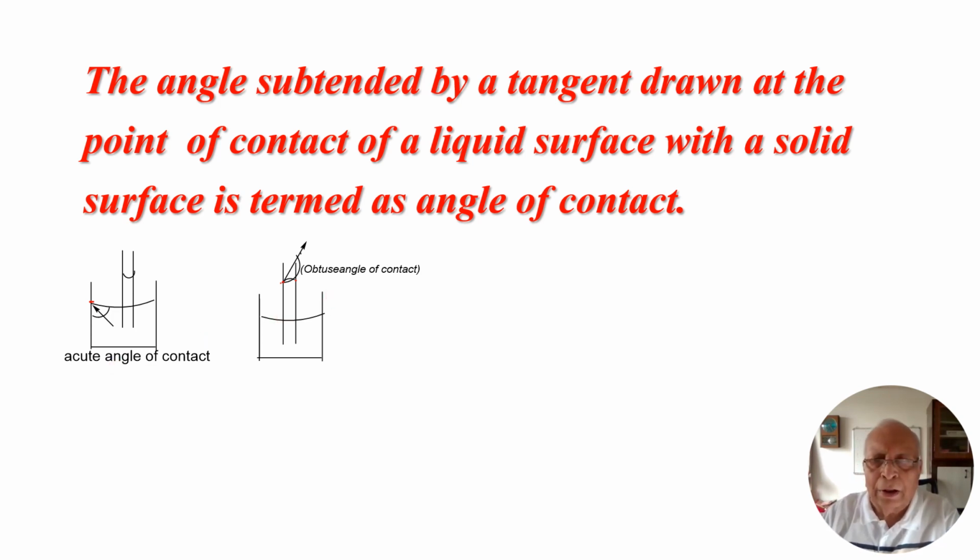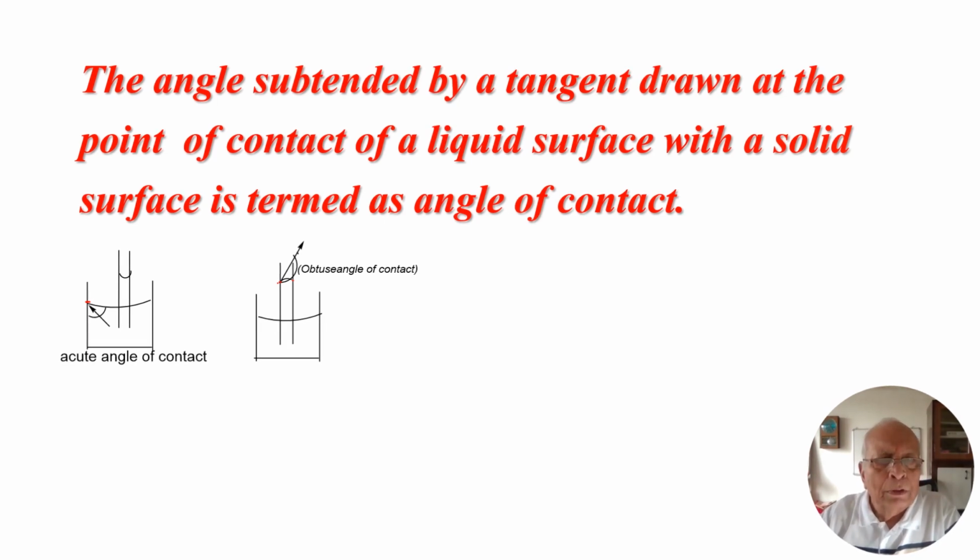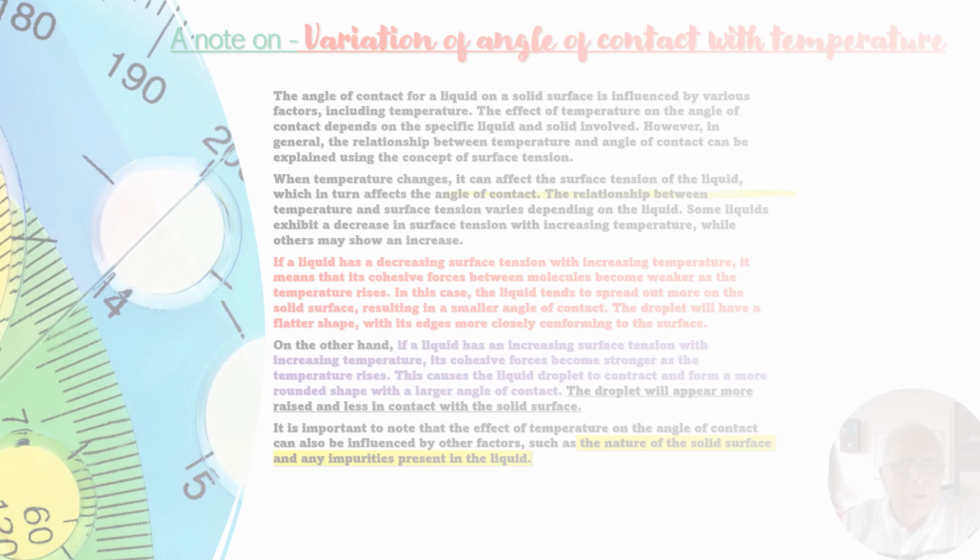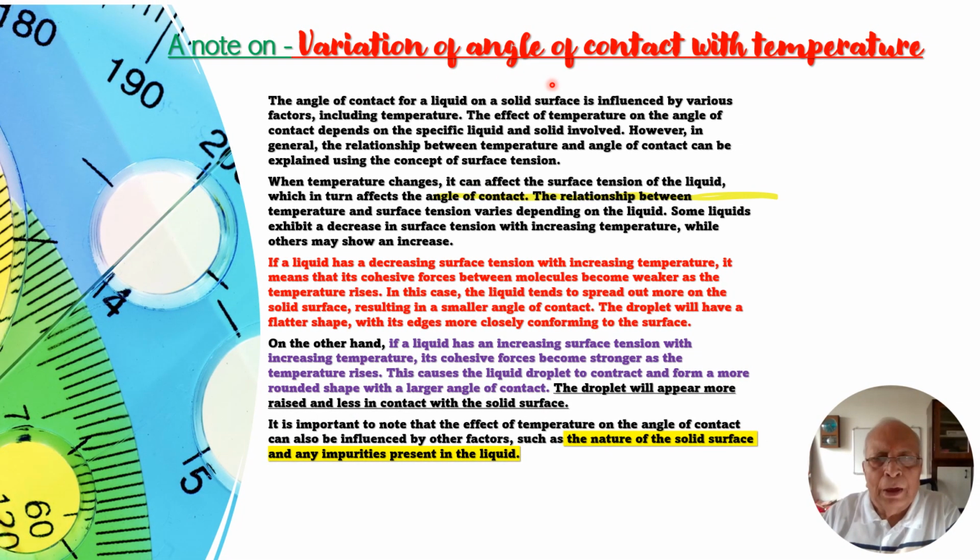Now, what is the type of angle? It affects the wetting properties of the substance. Now, before we enter into wetting properties of the substance of the liquid, we need to understand something about the variation of angle of contact with the temperature.